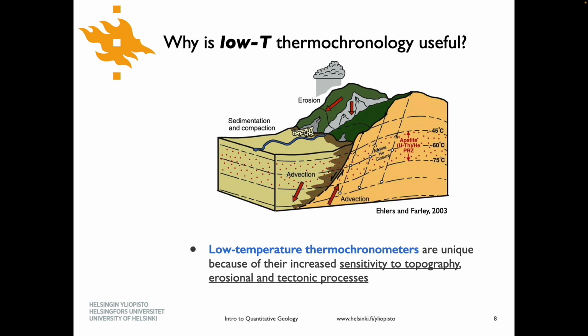So we have a strong sensitivity to the topography with these low temperature systems because the shape of the Earth's surface will affect the depth to these isotherms, and this effect essentially decreases as you go deeper and deeper or to higher temperatures. So if you go to temperatures of 300 degrees or 350 degrees, you may not see any sign of the topography in the shape of the isotherms, but you see it at low temperatures, which means you can then study things like how the topography has evolved and changed with these systems.